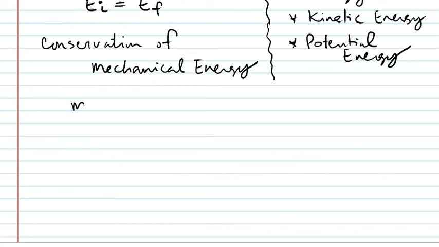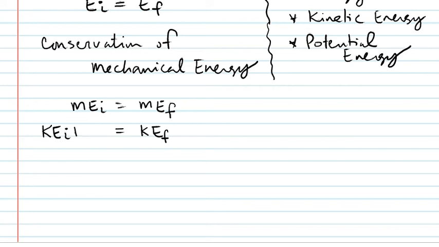And then we could say the mechanical energy initial equals the mechanical energy final. If the system is one object in motion, we'd have the kinetic energy in its initial value, and we'd have the kinetic energy in its final value.